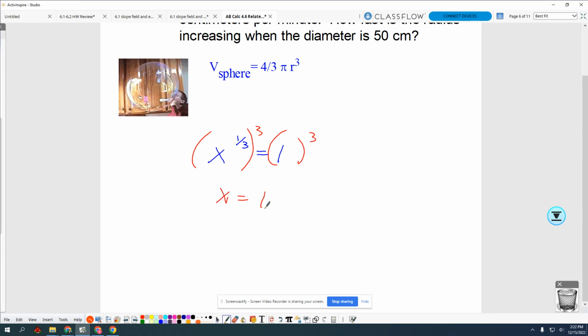Y'all, this is AP Calculus. You should be able to do that. Hold on, Maya. Then there was something like this. You guys were like, oh no, can't do that.